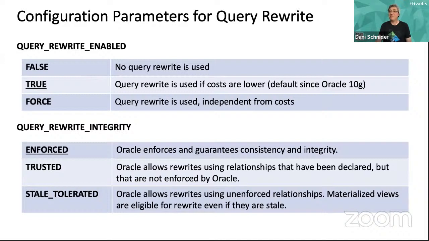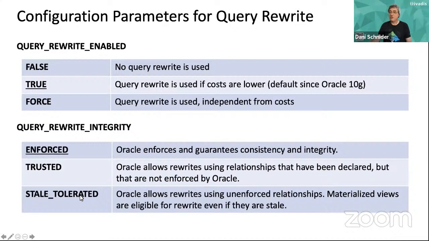And the second parameter I will explain later in more detail. Here we can, for example, define the freshness of the materialized view. That means by default, query rewrite works only if it contains the current data. So that's the default value, enforced.